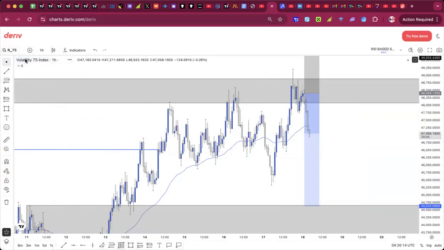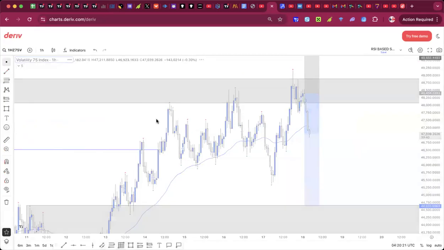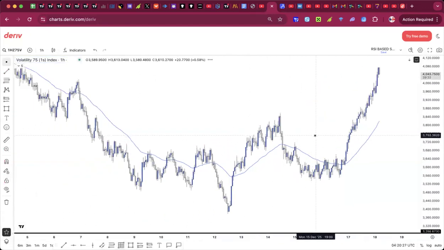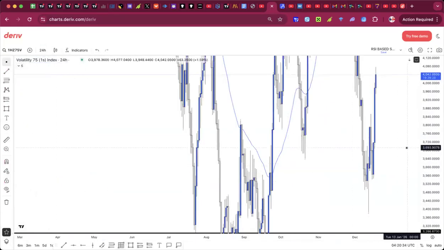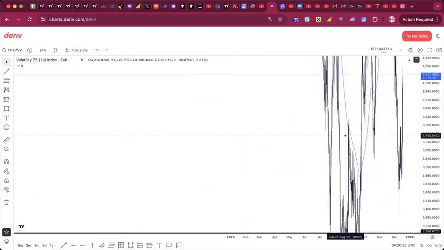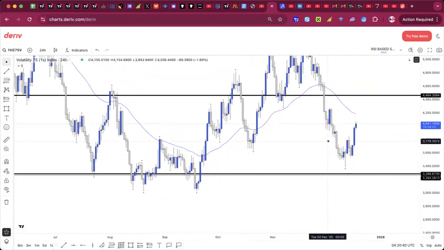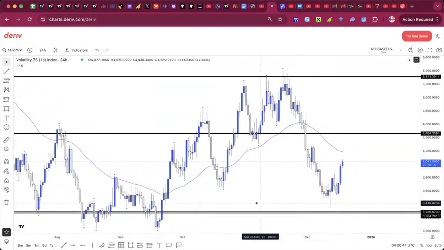So let me look for V75 1S. Wow, amazing. Assuming we send such a signal, let me go to daily. Amazing. That was a bullish recovery since yesterday or the day before yesterday.